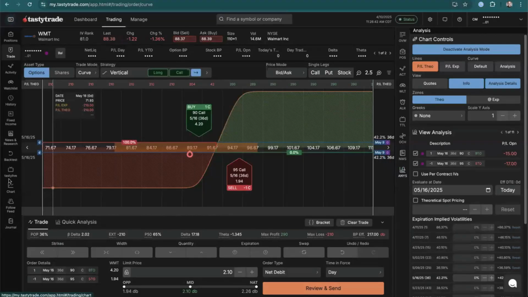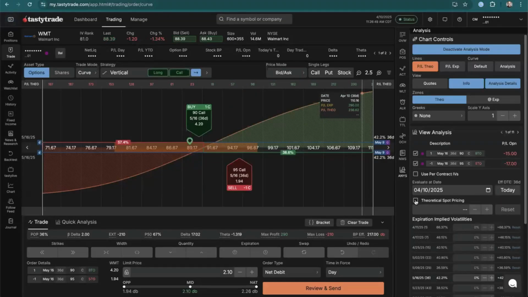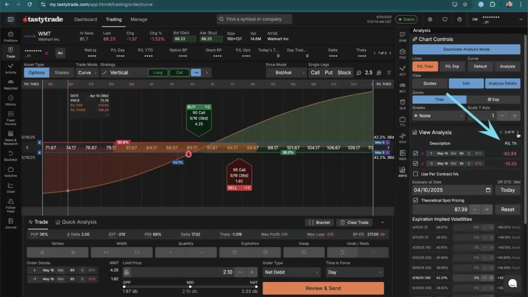But what's nice too is that you can also do analysis based on, let's go back to today, we can also change around the theoretical spot price. So we can change around our spot price here, and you'll notice that our P&L Theo is going to adjust as well. You can use your cursor here and scroll up and down and see the info box, or conversely, you can look over here and play around with the boxes.